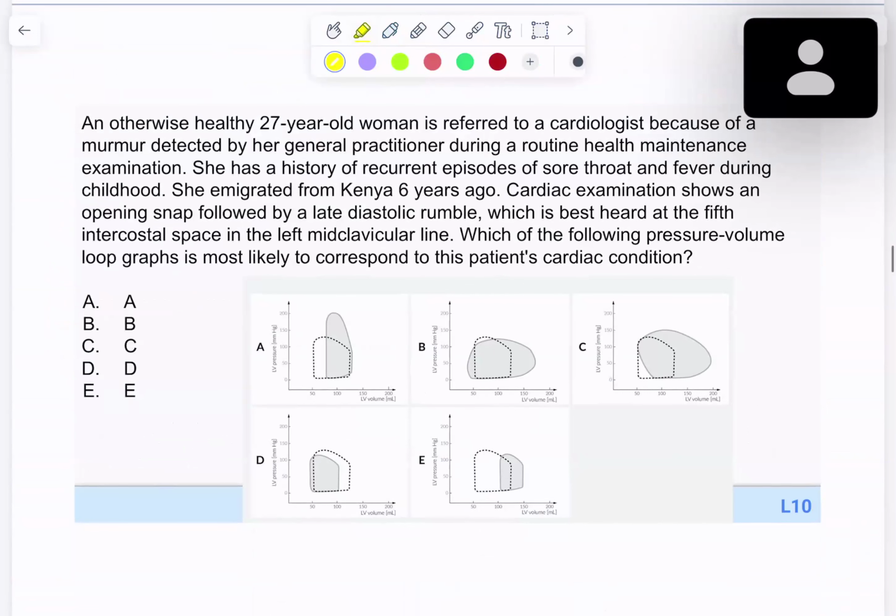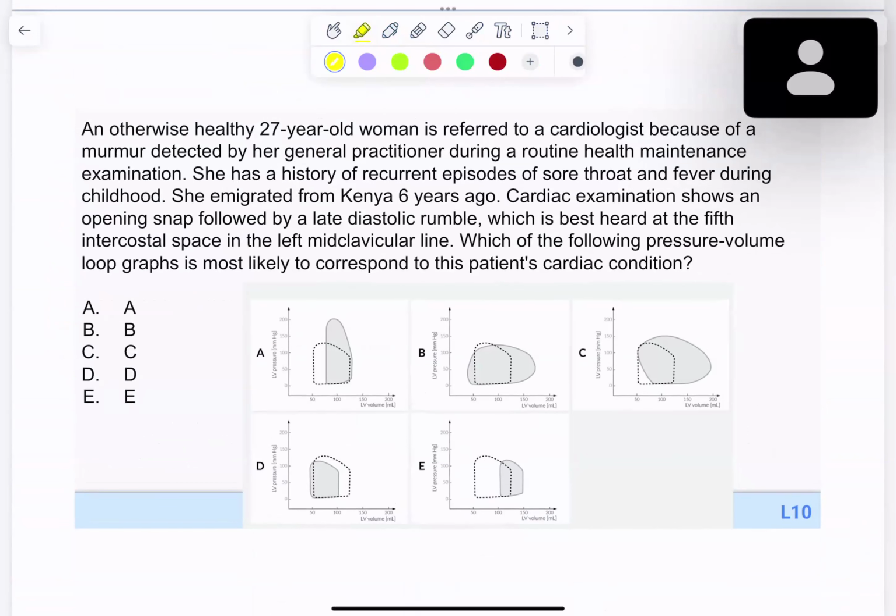So here's another question. An otherwise healthy 27-year-old woman is referred to a cardiologist because of a murmur detected by her general practitioner during routine health maintenance examination. She has a history of recurrent episodes of sore throat and fever during childhood, and she immigrated from Kenya 6 years ago. This is all just to confuse you.